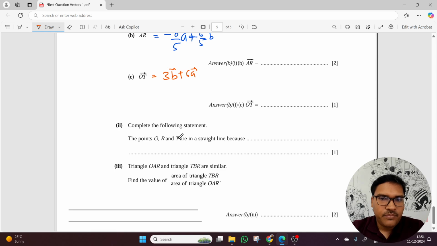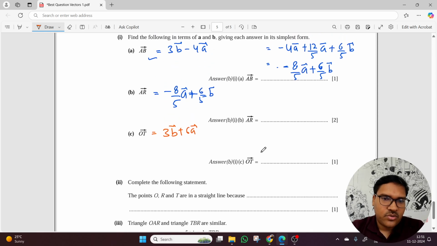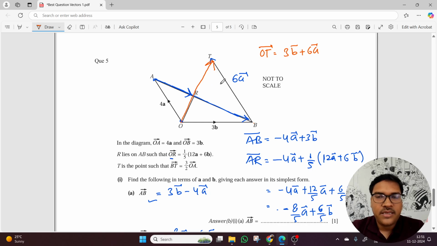Now complete the following statement. The points O, R, T are in a straight line because... So now we have to show that O, R, T are in the same line. Now what is OR vector? You see this is OR vector, right?